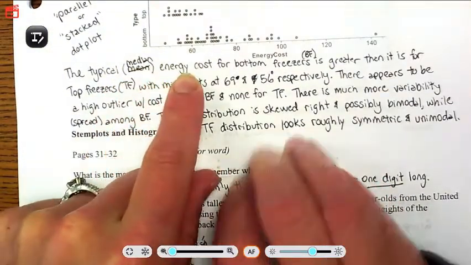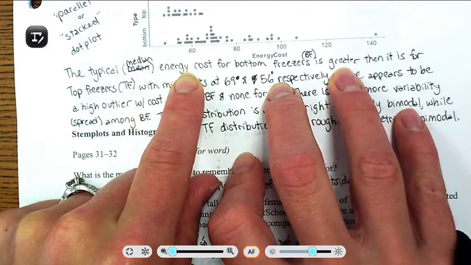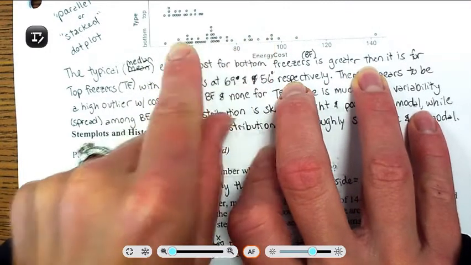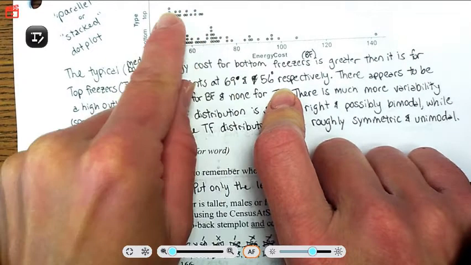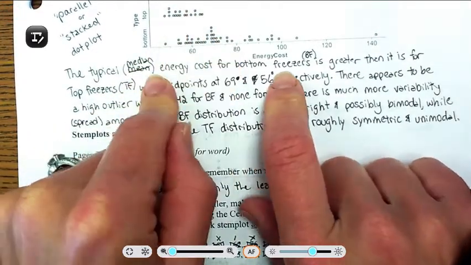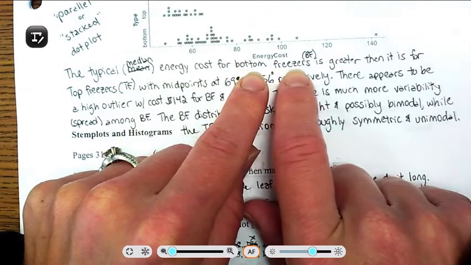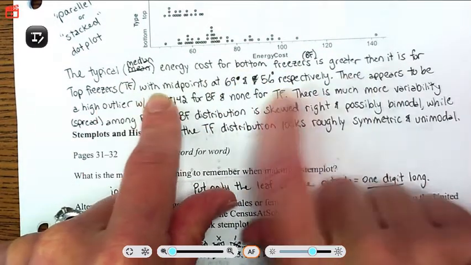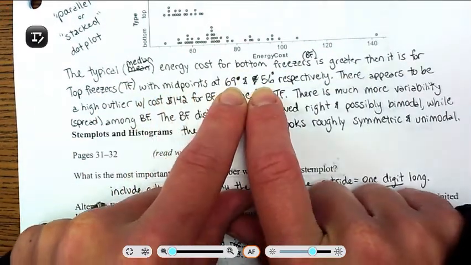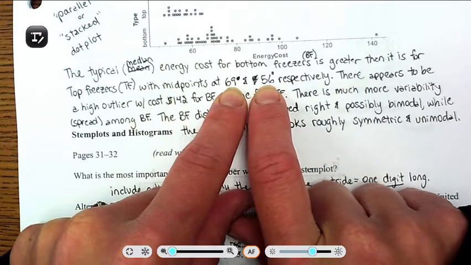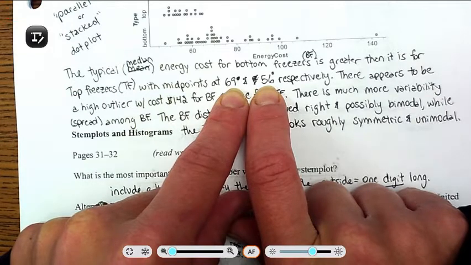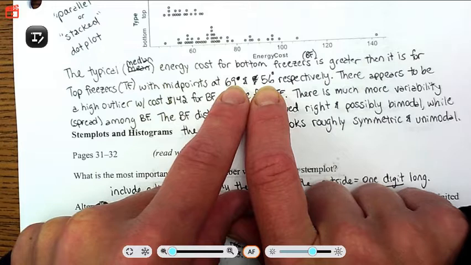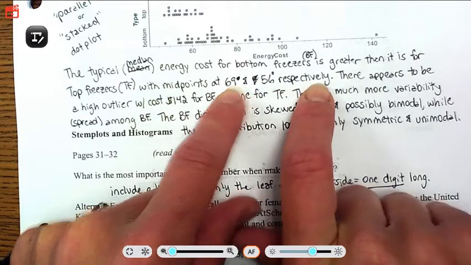The typical median energy cost for bottom freezers is greater, okay, because the median would probably be somewhere around here-ish, and we don't even have any values that high on the top freezers. The typical median energy cost for bottom freezers is greater than it is for top freezers, with midpoints at $69 and $56 respectively.